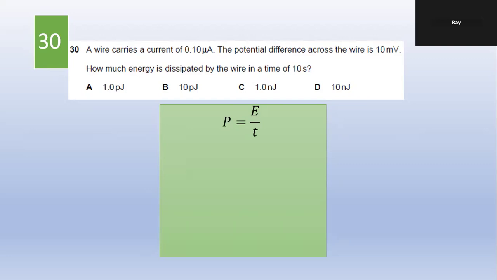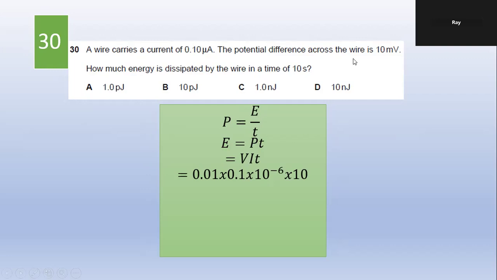Power is energy divided by time, so energy or work done is power times time. Power is VI. Put in your values, convert to SI units.